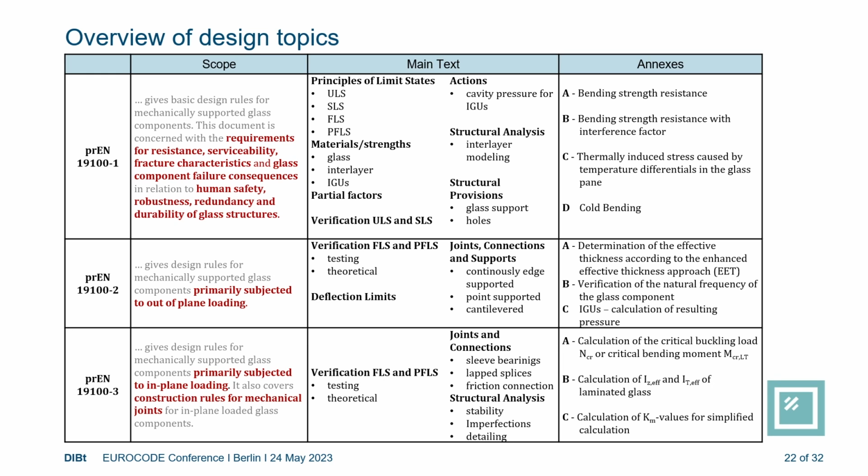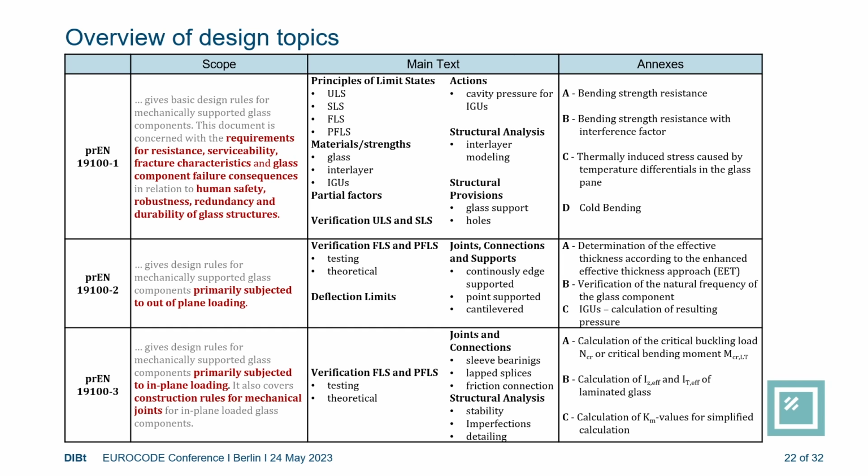The structural analysis refers to interlayer modeling, so we are now always considering the shear coupling of different plies combined to a glass pane. Any other structural provisions are given, and we have annexes on the bending strength, the resistance, with an advanced model and with a normal, traditional model. The thermal effects and cold bending are very important as well, when you have a facade where you don't want to bring the glass into shape in an oven, but by just forcing it into a shape in the cold state.